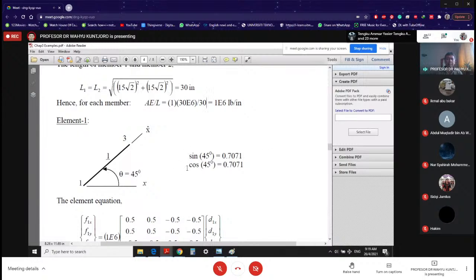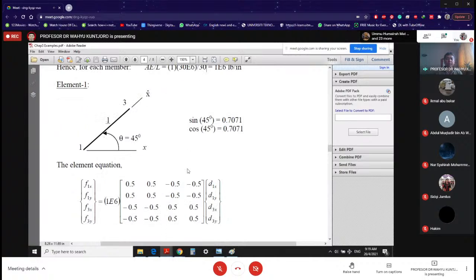So based on that, then you write down your equation. So 1E6 here is AE over L, and inside here is based on your sine squared, sine multiplied by cosine, right? Based on our equation. One thing that you need to observe here is that it is written 1133.